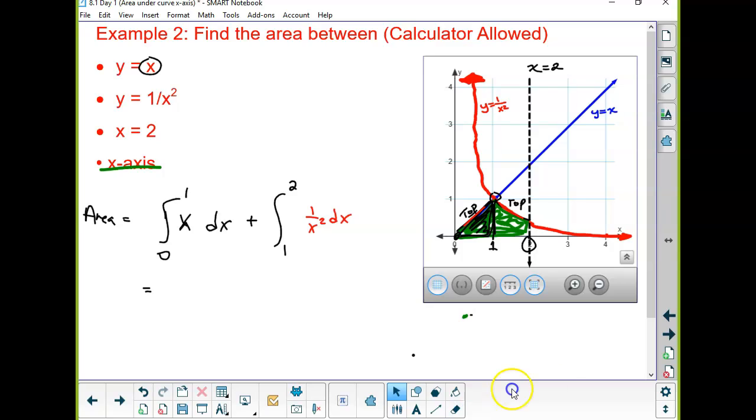But just go ahead and try that and see if you can get this to work out. What'd you get?